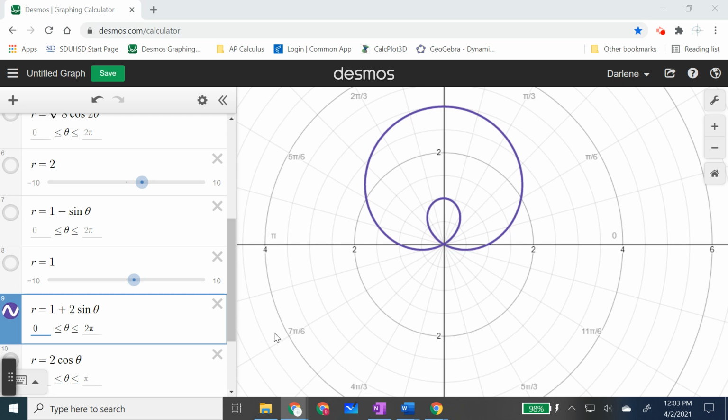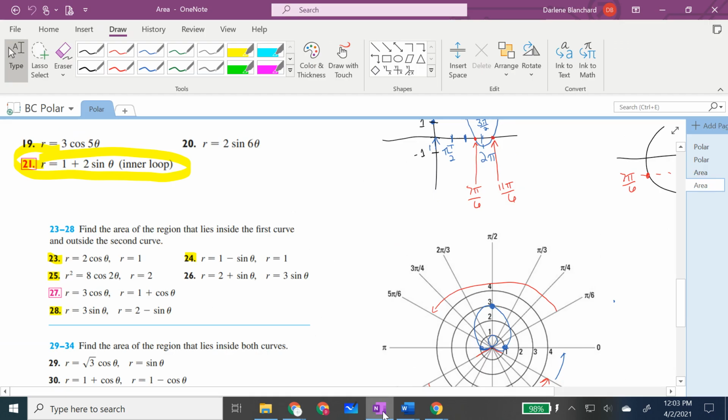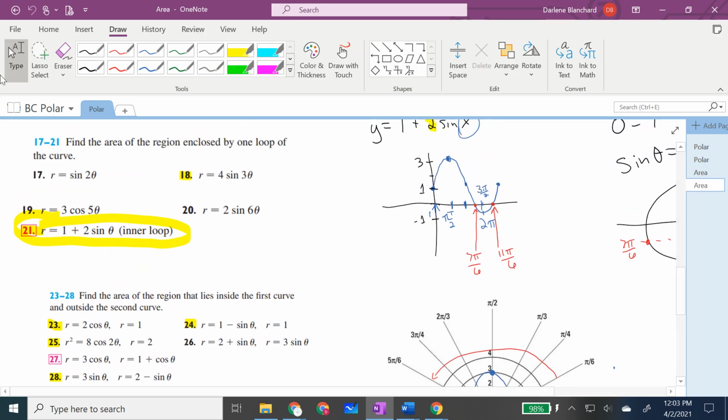So basically, we get a limaçon anytime that we have a vertically translated sine or cosine graph of whatever amplitude. But again, it's just theta in there, and it creates an entire family of limaçons.